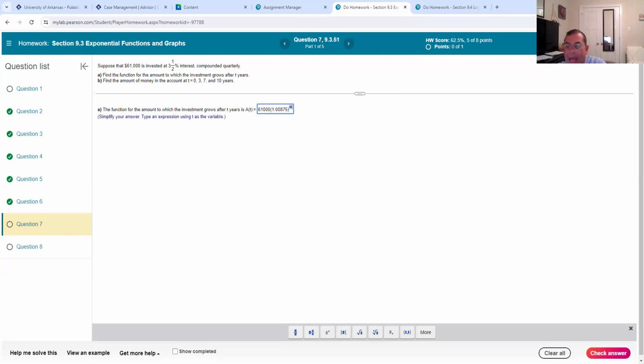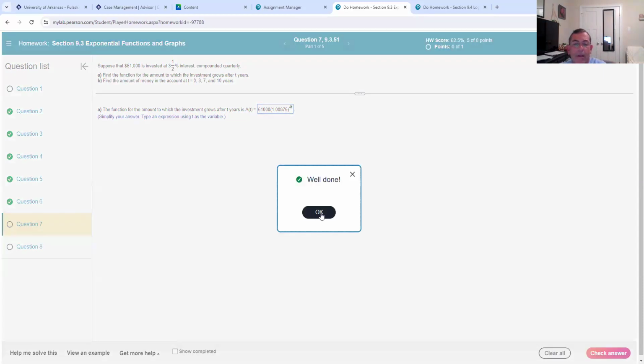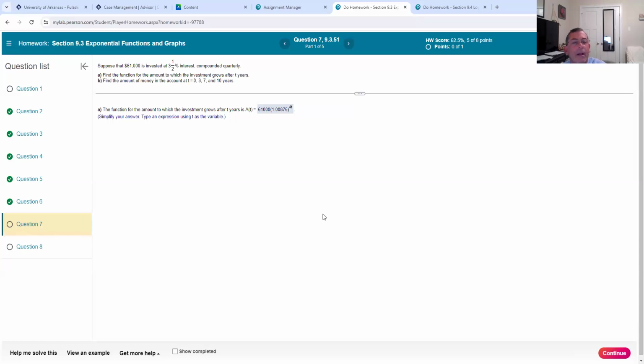So this is how you got to put it in. So when you check your answer, all right, y'all. So let's continue. So now they want to know how much money is in the account at t equals 0, 3, 7, and 10.